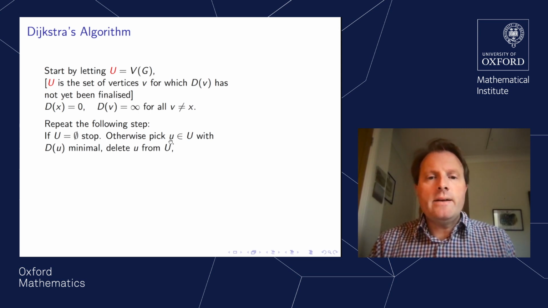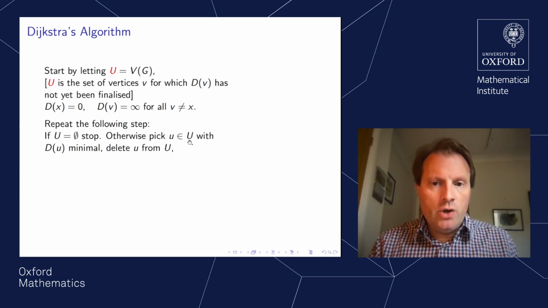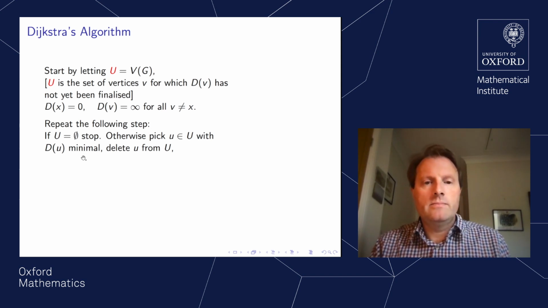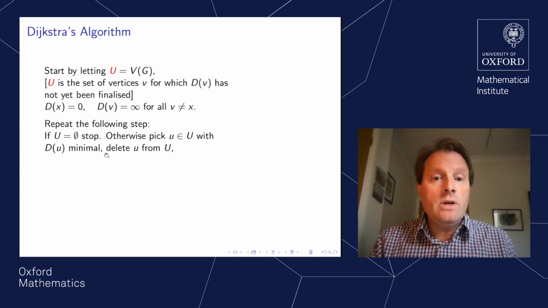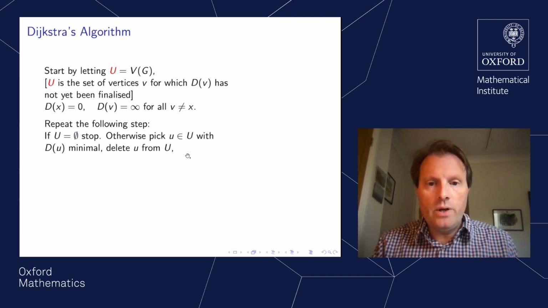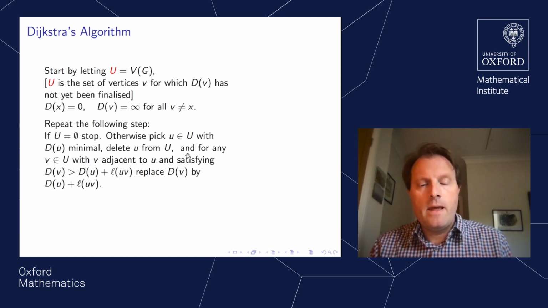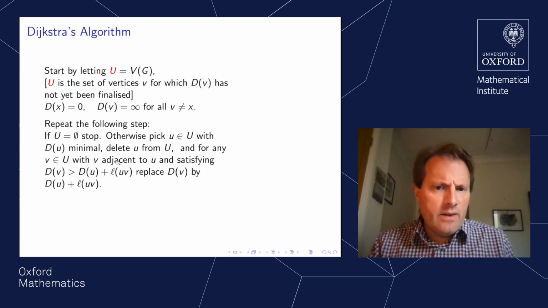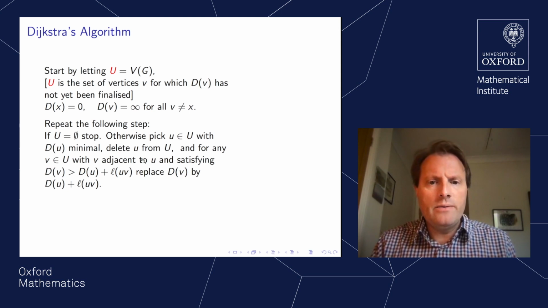Otherwise, we pick some vertex u in U for which d(u) is minimal. Then we delete u from U. In other words, we finalize the d value of u. And we also do the following.